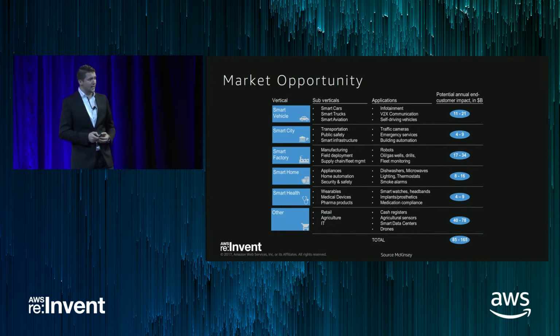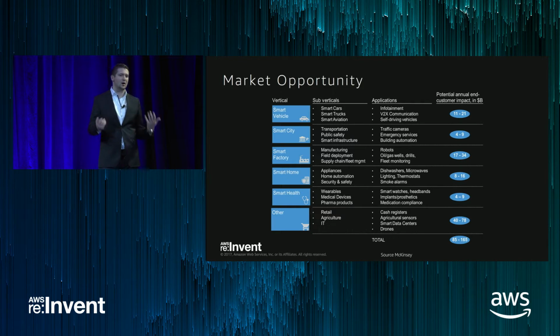Overall, the potential is expected to be, according to the data we have, larger than $85 billion in a couple of years. So there is a lot of space for partners of AWS to build new applications, to embrace that technology, and to tap that market, ultimately helping customers to generate value.